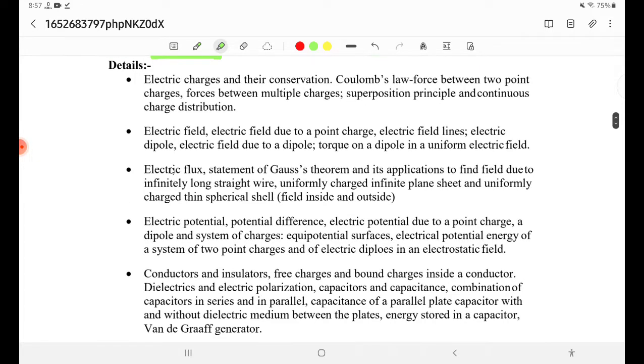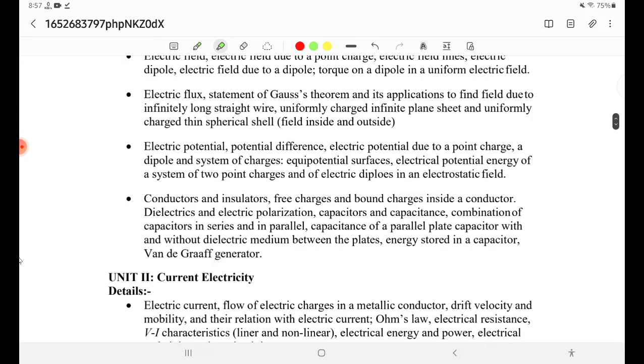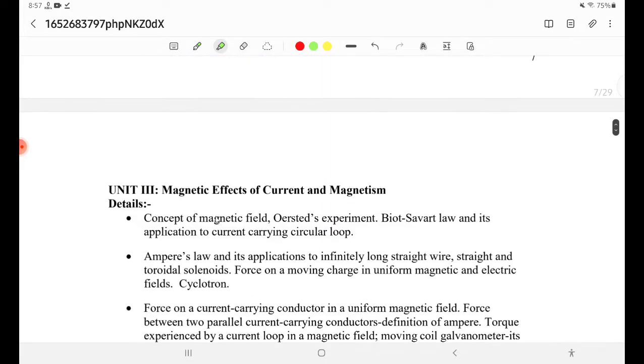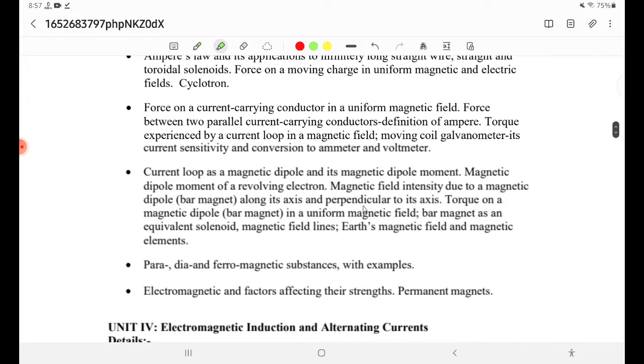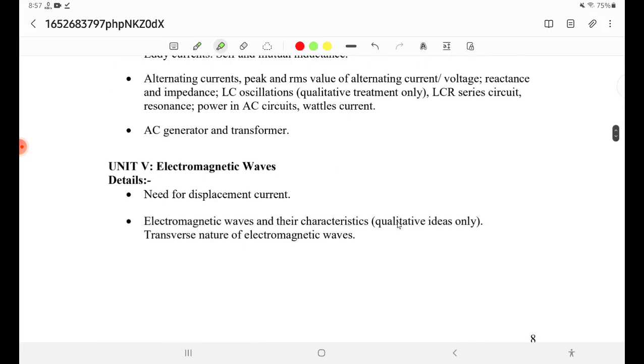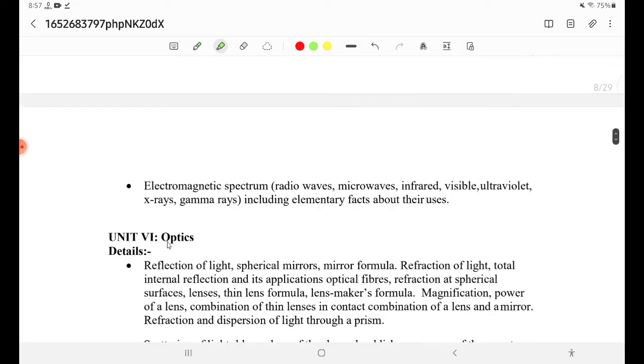So the first chapter is electrostatics, the second chapter is current electricity, the third chapter is magnetic effect of current and magnetism, and the fourth chapter is electromagnetic induction and alternating current, and the fifth one is electromagnetic waves, and the sixth one is optics.